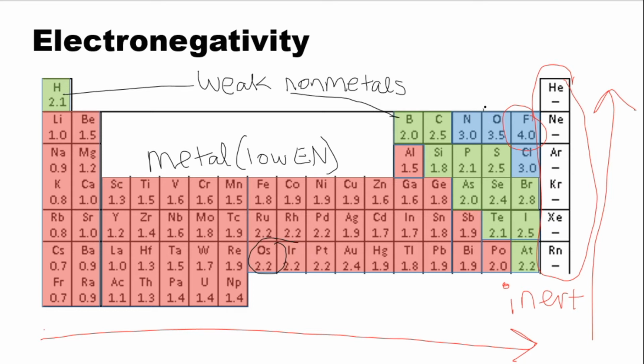And then your very strong nonmetals are in blue. Your strong nonmetals are nitrogen, oxygen, fluorine, and chlorine. So that's just an overview on the periodic table on how to read and interpret electronegativity.